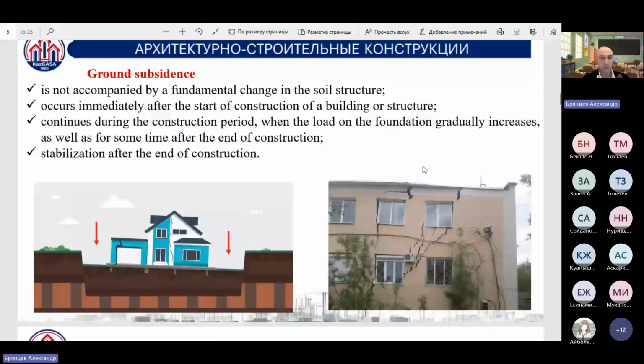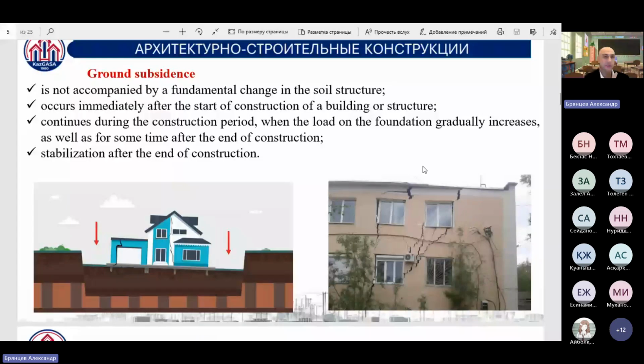The main factors of settlement are soil properties, like moisture content and collapsibility.